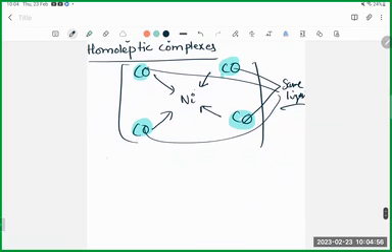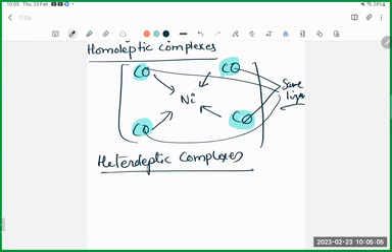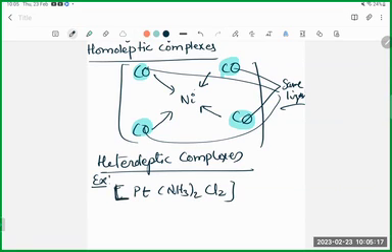Did you understand? Heteroleptic now: complexes where we can see different types of ligands. Let us see the example. Pt, the central metal atom. Ammonia is one type of ligand, and chlorine is another type. Inside the entity, this box, whatever comes, one will be the central atom and the rest all go to the ligands.